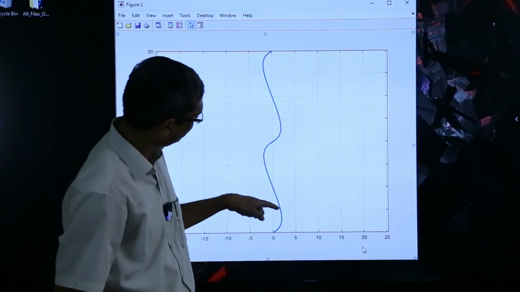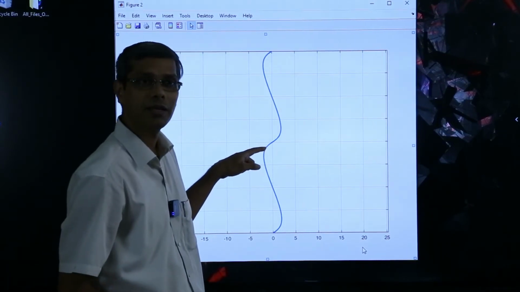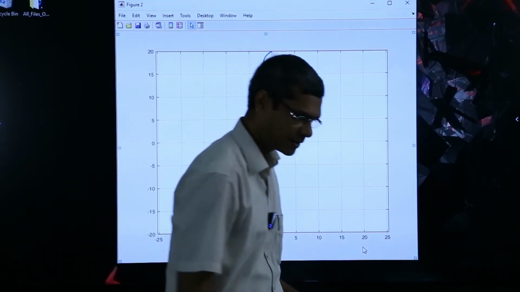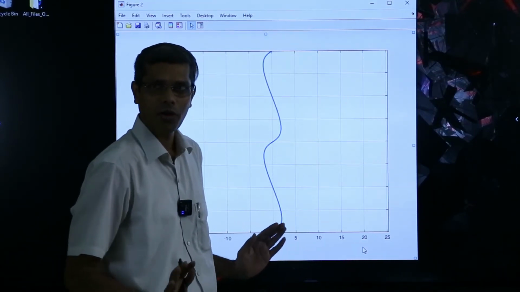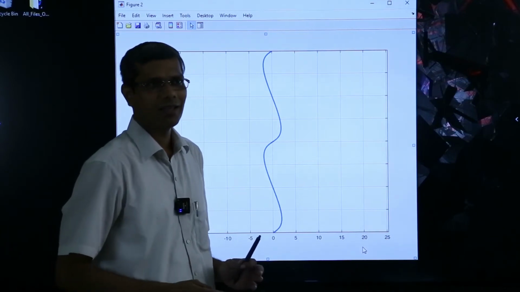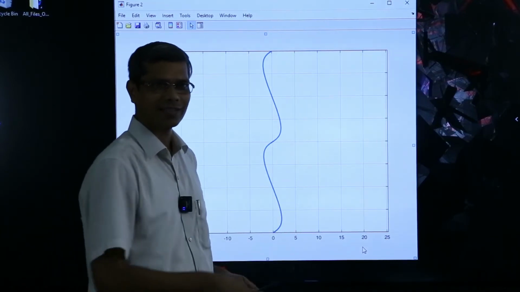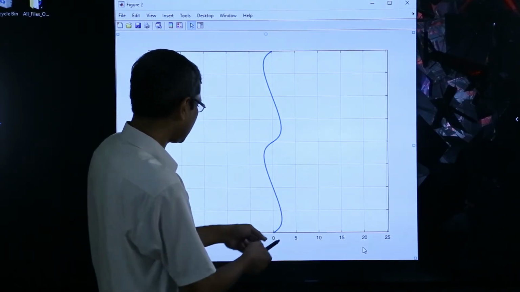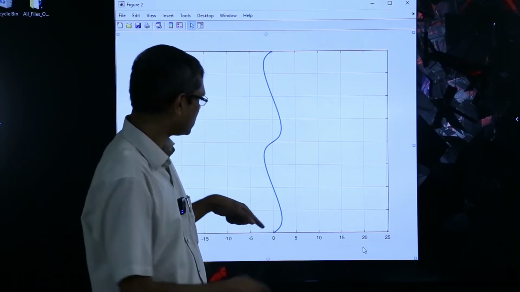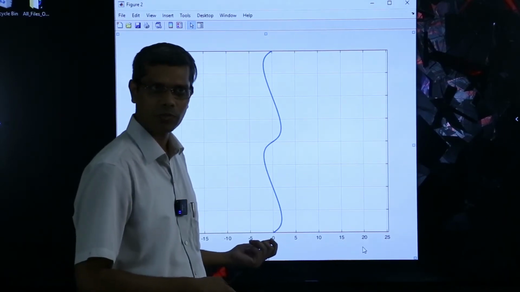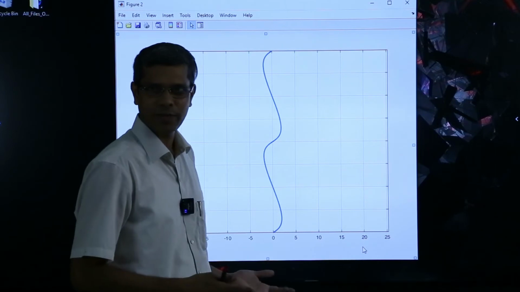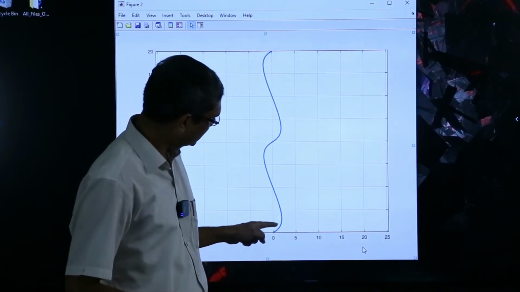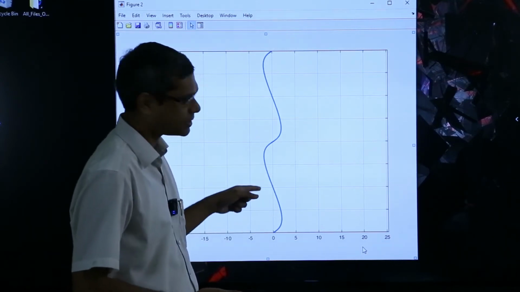Obviously it is not a sine curve, right? This is the Eulerian displacement at small x equal to 2, suppose, or I think it is at 0. So this curve is at x equal to 0, at the origin. So this is the displacement function. Obviously, very clearly, it's not a sine curve.